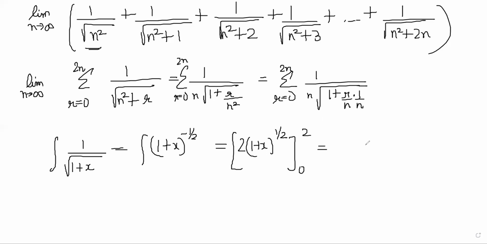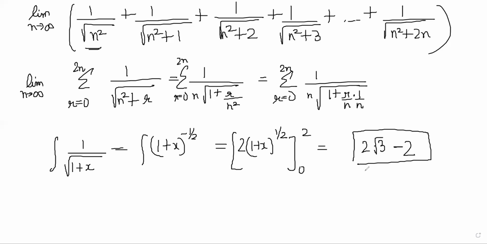Let's check what is coming. 2 into 3 root 3 minus 2 into 2, right? Check the answer once. But the answer should be an integer. The answer is given as 2.